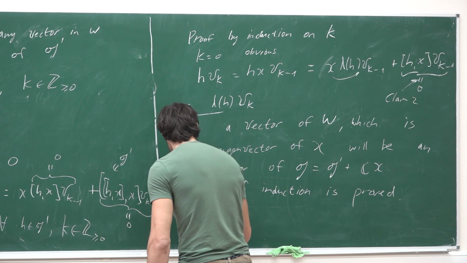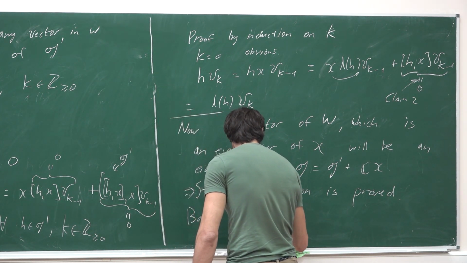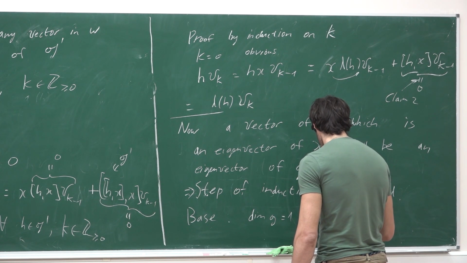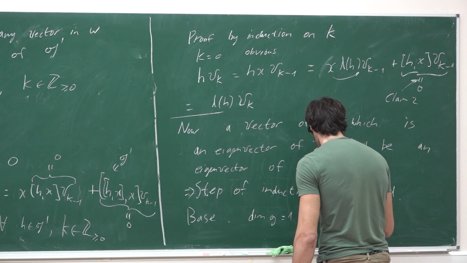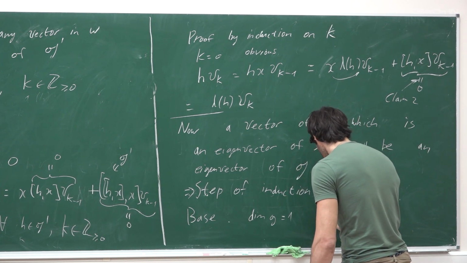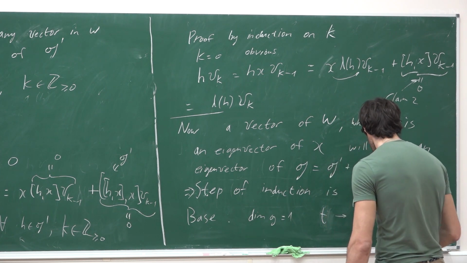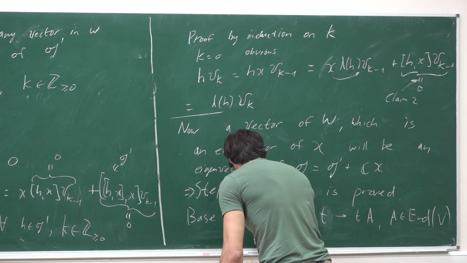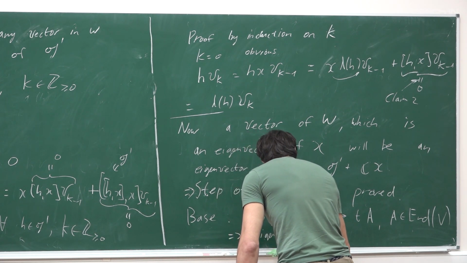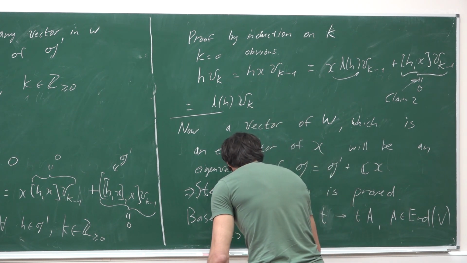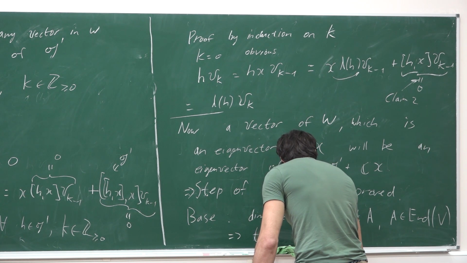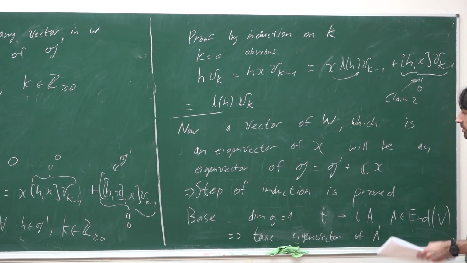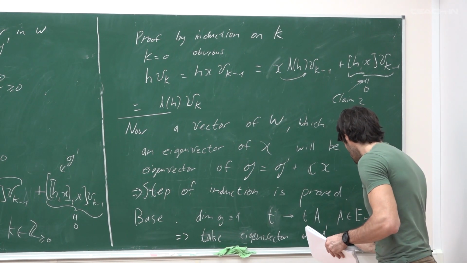So base: dimension G is 1. So it's just R or whatever C, and T goes to T A, where A is some endomorphism of V. So take an eigenvector of A. Okay, so we proved the statement.